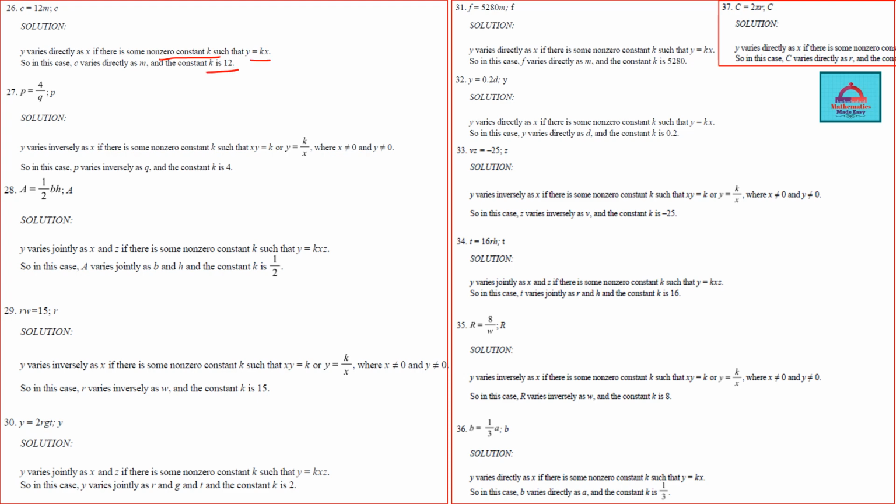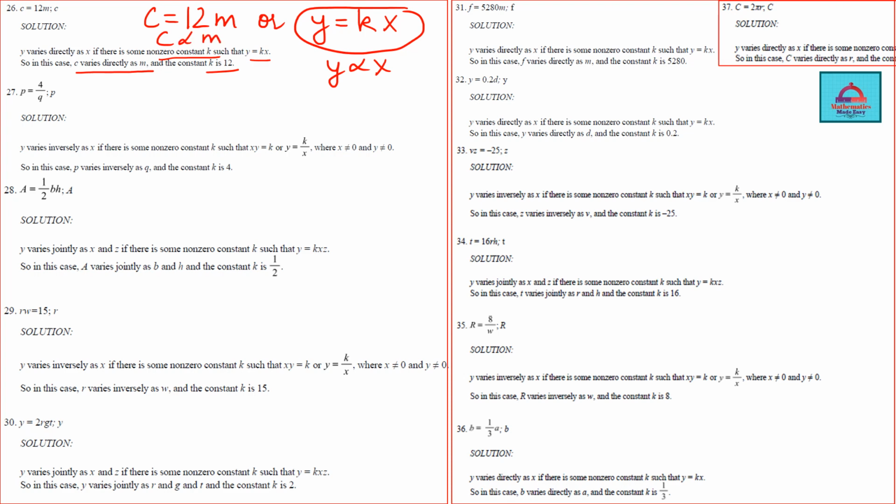So I am able to write C is equal to 12m, or y, representing C, is equal to k times x. When you can write it like this, you say y is varying directly as x. So here C is varying directly as m.